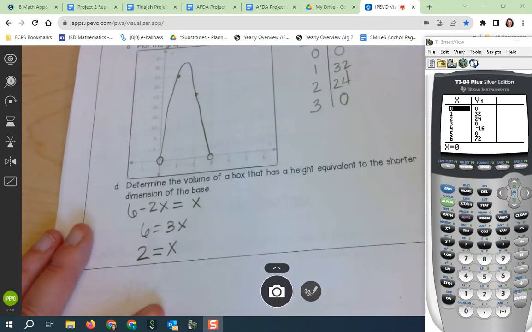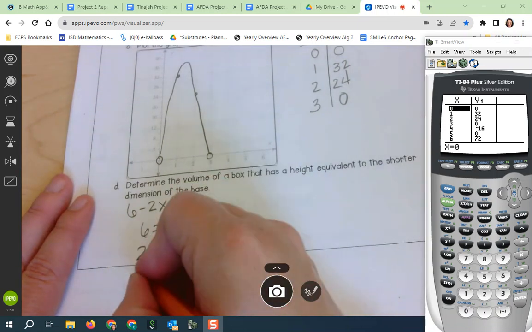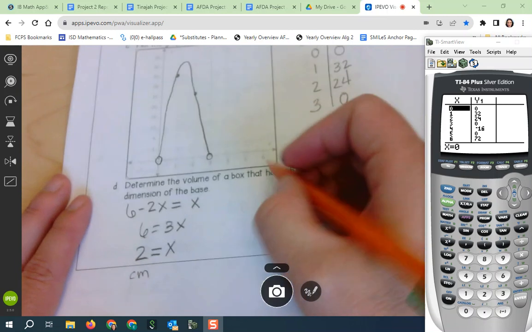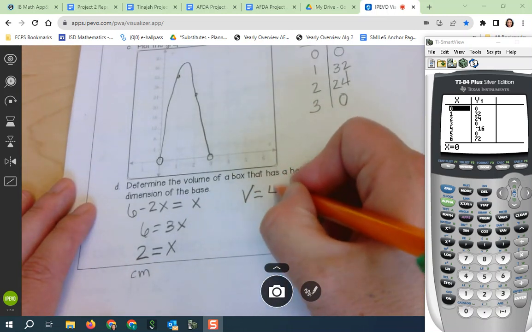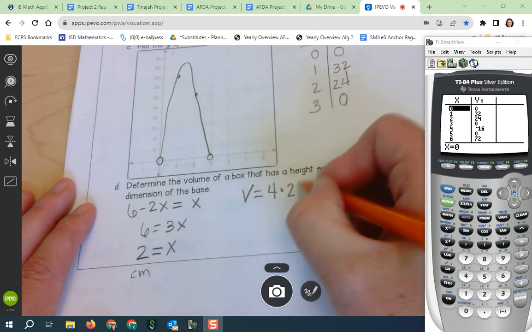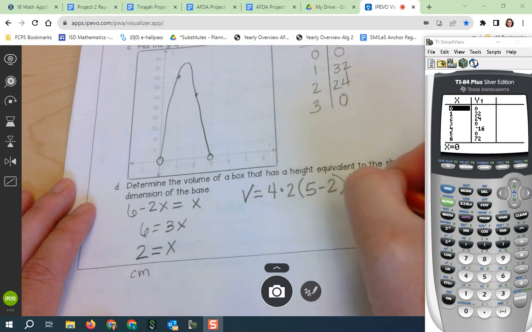And what unit are we using? Looks like centimeters, is that right? So that would be 2 centimeters for x. And so then when we substitute 2 back in for the volume, we would do volume equals 4 times 2 times 5 minus 2 times 3 minus 2.